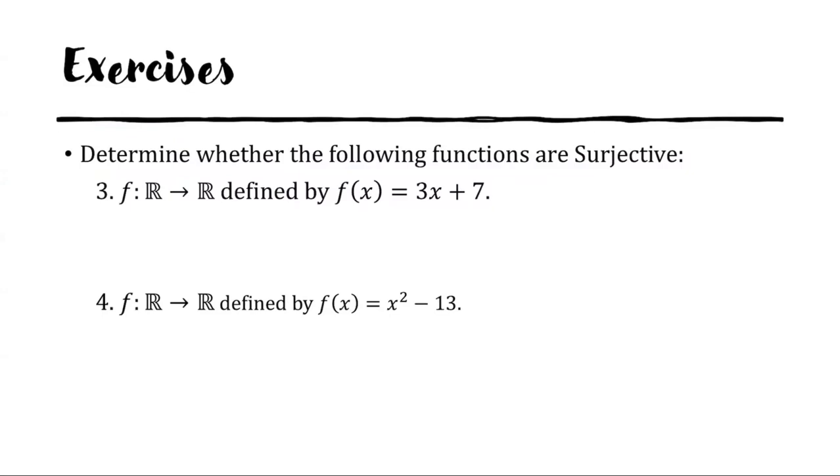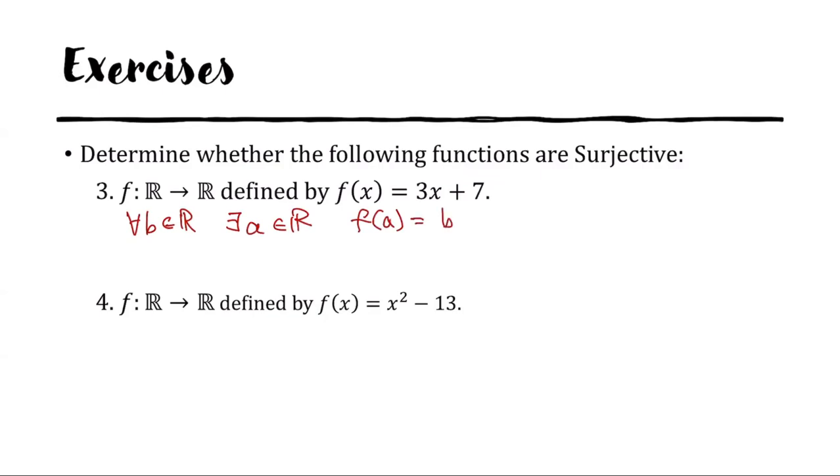Right, so if we want to show f of x equals 3x plus 7 is surjective, that means we need to show that for all b in the output set, which is the set of real numbers, there exists a in the set of real numbers, the input set, where f of a equals b.